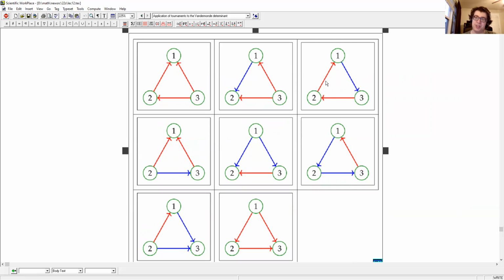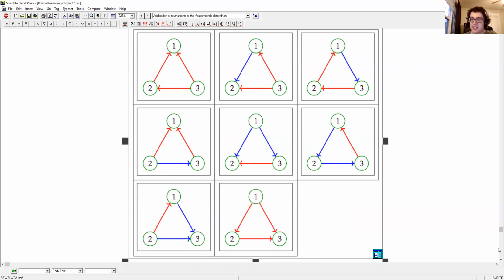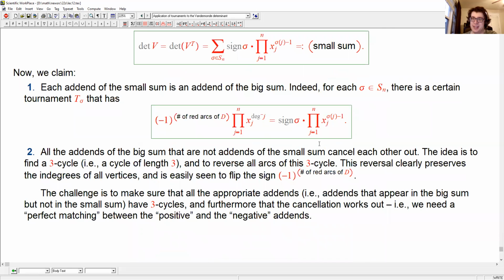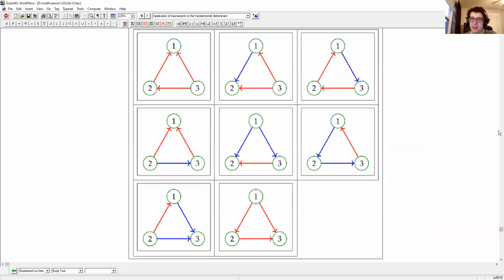And maybe you take the smallest one, whatever this means, but then you've reversed it and suddenly there is a smaller one around. Do you reverse that one next? What do you do? So it's one thing to explain that in theory every plus addend has a minus addend. It's another thing to actually find a matching that cancels them out.